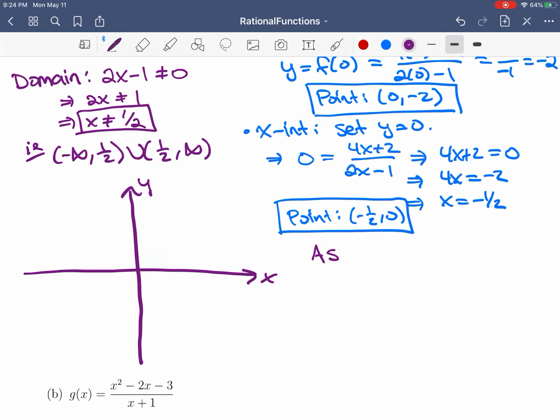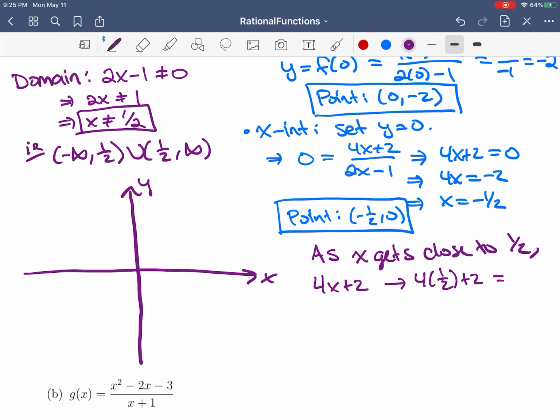As x gets close to 1/2, the top, which is 4x plus 2, gets close to 4 times 1/2 plus 2, so that's 4, whereas the bottom gets close to 0. When I divide something that's close to 4 by something that's close to 0, this means that the y values are approaching some sort of infinity. I don't know which one, but they're getting really large.